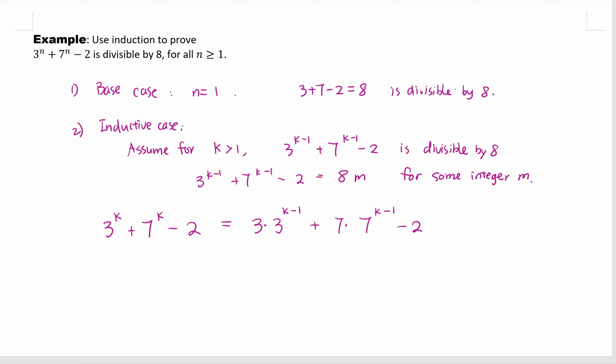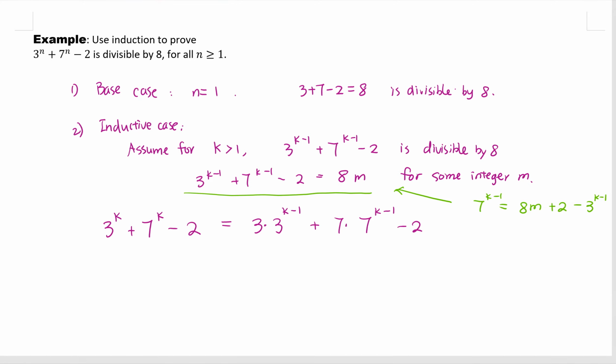I'm going to replace 7 to the k. Let's see here. So look at this guy. We're going to solve for 7 to the k minus 1. What is this guy? Well, this is 8m plus 2, and then minus 3 to the k minus 1.